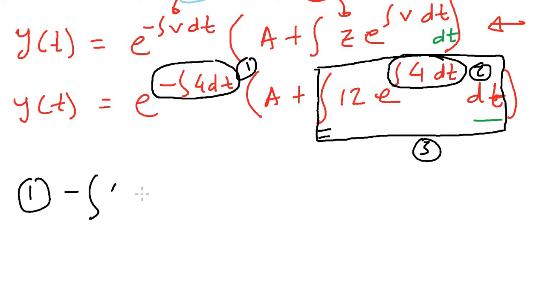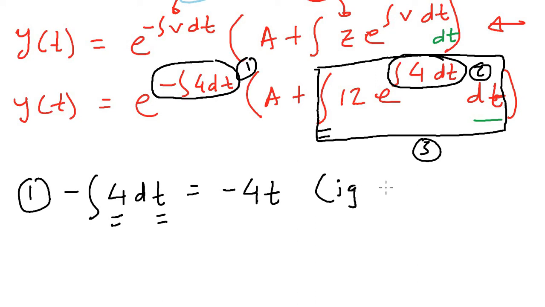This is quite easy. Remember, this is a constant, and in this case the independent variable is t, therefore the integral is going to be minus 4t. And since this is an intermediate step, we are going to ignore c.